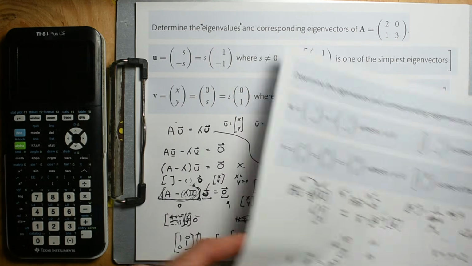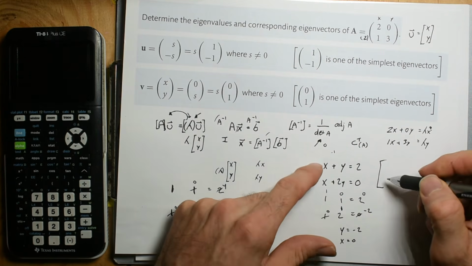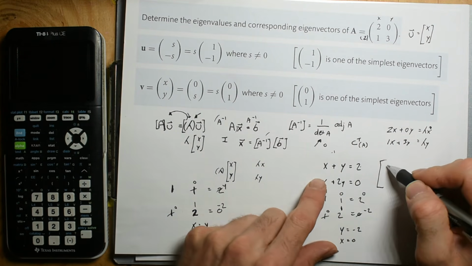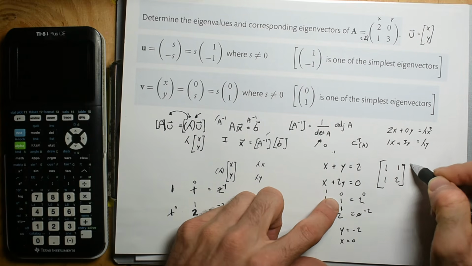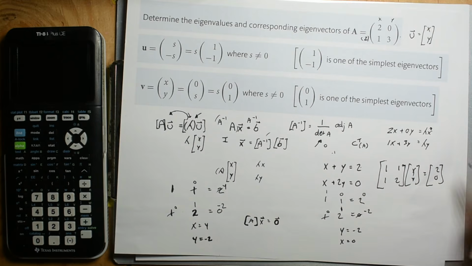Alright, let's show this system of equations: x plus y is equal to 2, and then x plus 2y is equal to 0. The coefficients are 1, 1, 1, 2. You multiply by x and y, and it equals 0.